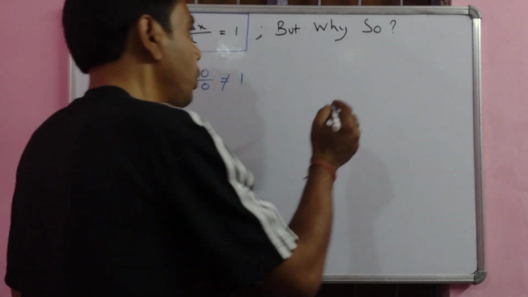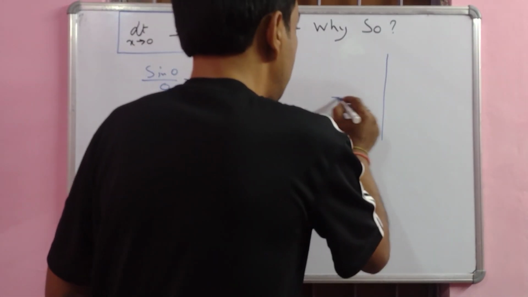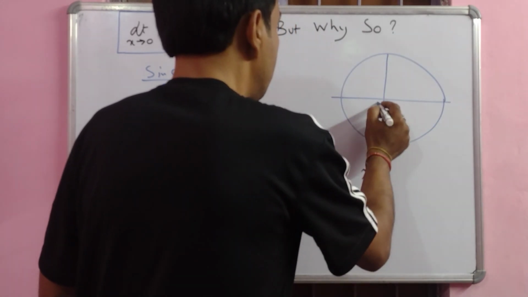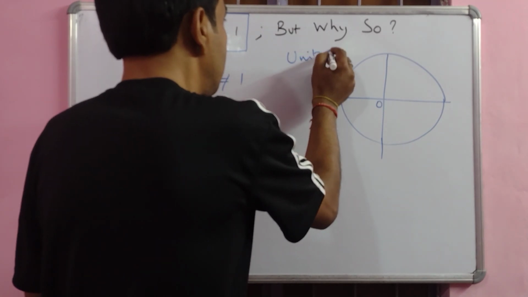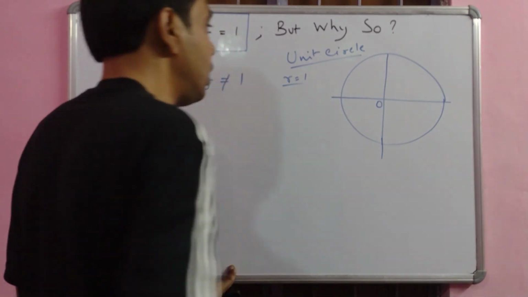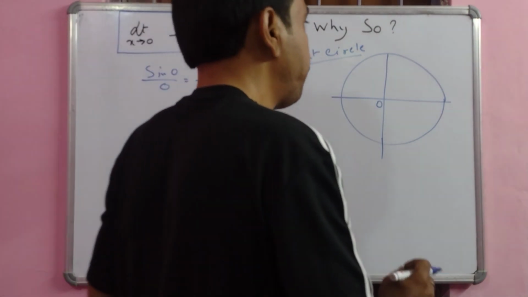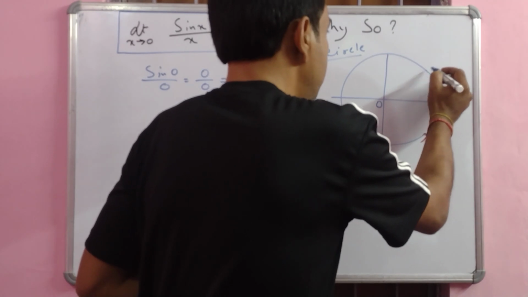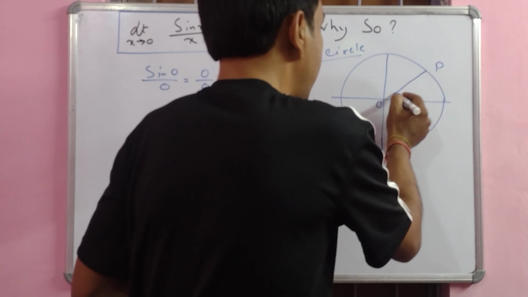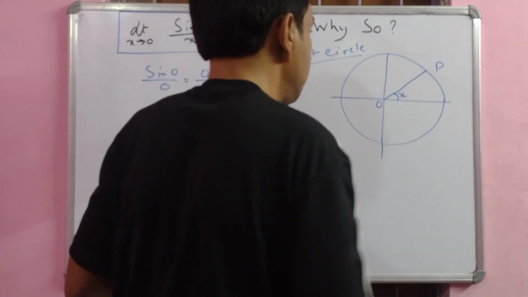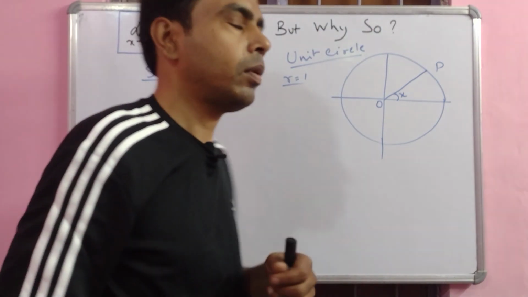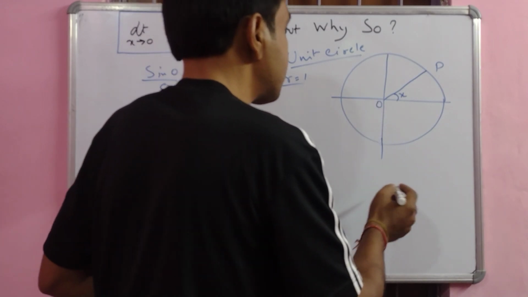First of all, we draw a unit circle. That means the radius r is equal to 1. Now, if a point P is on the arc which makes an angle x at the center of the circle, this angle is called x.